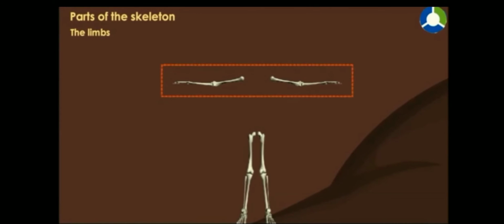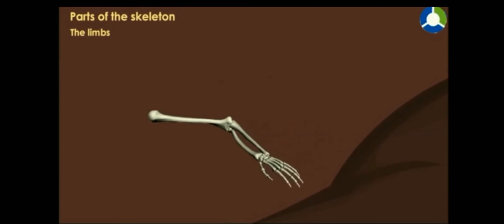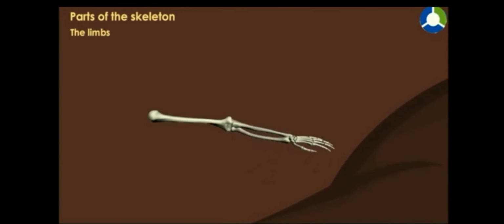There are 2 pairs of limbs, a pair of forelimbs or arms and a pair of hind limbs or legs. Limbs are made up of long bones fitted together.